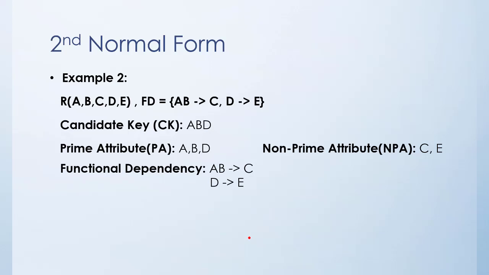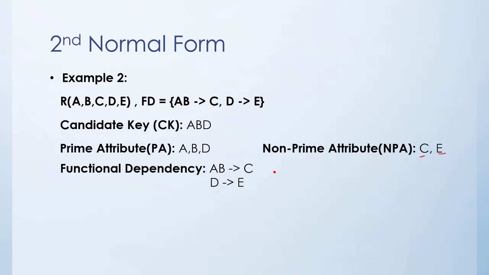So ABD is my candidate key. So here the prime attributes are A, B and D, and the non-prime attributes are C and E. The functional dependencies are AB determines C and D determines E.